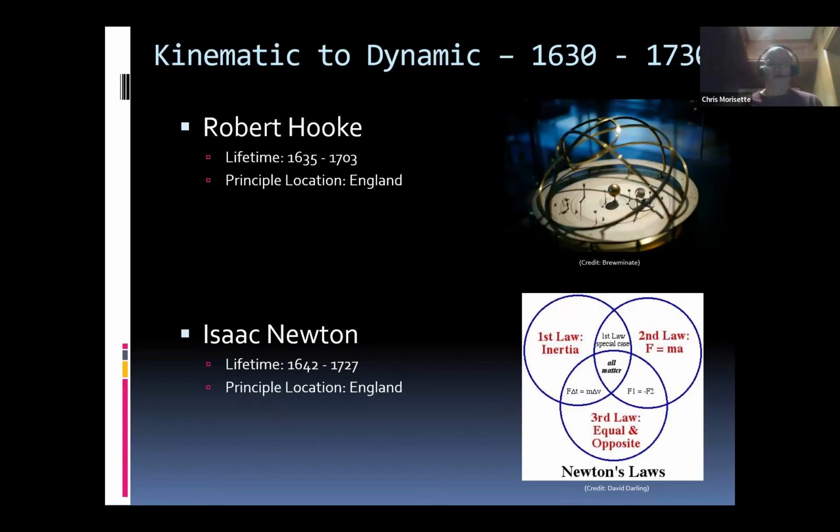Yes, orbital paths were elliptical, as described by Kepler, or circular in the case of Copernicus. But the big question is, why, in fact, do the Earth, Moon, and planets follow their orbits? What is the underlying reason for that? And that's what this period of time is all about.